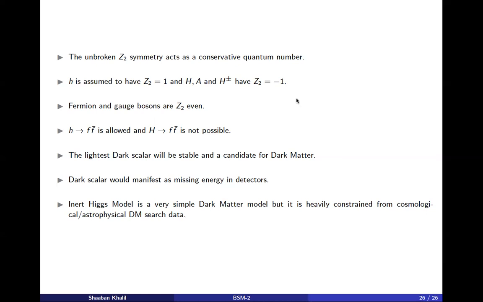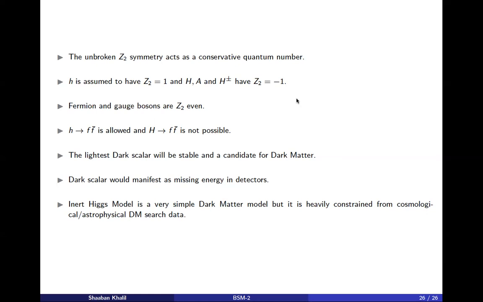H goes to FF bar, meaning it decays to FF bar. Even if it is light, maybe it doesn't decay to TT bar, but it decays to e plus e minus. It decays to any light particle, quark, anti-quark, bottom BB bar or UU bar. So the best is to forbid it completely, to have H be a kind of stable particle.